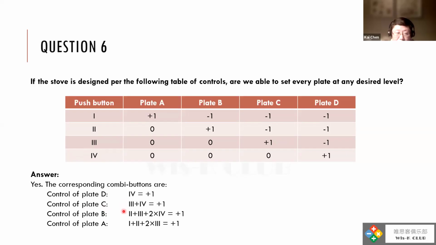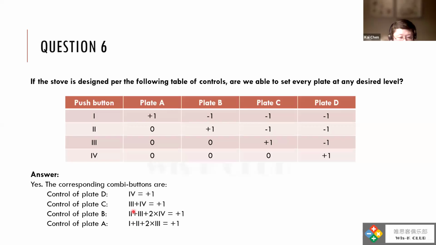Number B, of course, now 2 and 4 and 3 and 4. 2 for place B, 4 to move the D back to 0, and 3 and 4 move the C back to 0. So basically you have 2, 3, and 2 times 4. And the A is the same. We can use A and add the B, add the C, add the D, because you have -1, -1, and -1. So A is using the 1 and add all above.